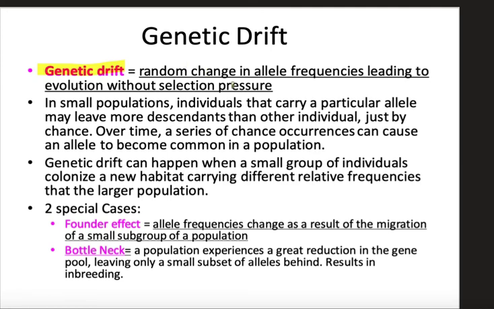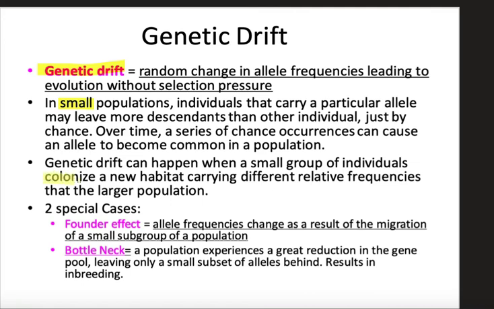One example of that is something called genetic drift. Genetic drift is random changes in the allele frequencies of a population leading to evolution without any selection. Now, genetic drift is much more common in small populations because it's more likely to have random events influencing the gene pool when you don't have very many genes.